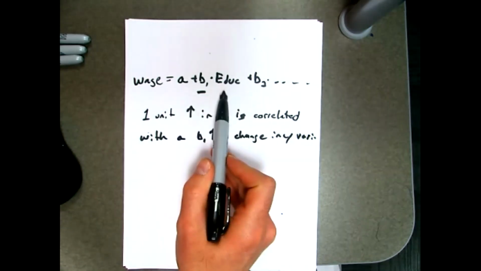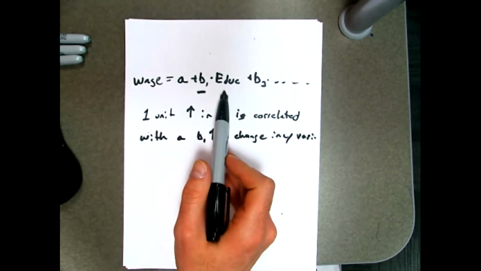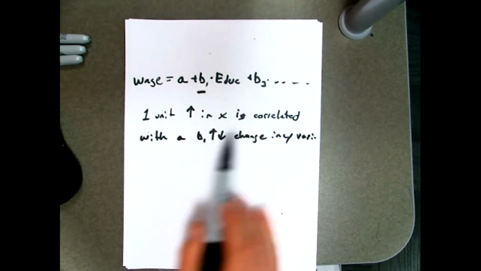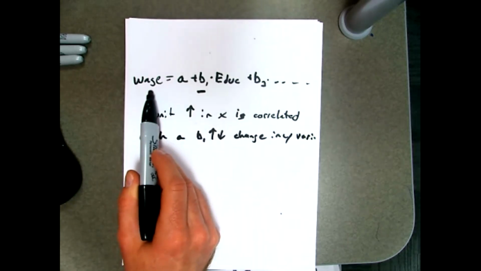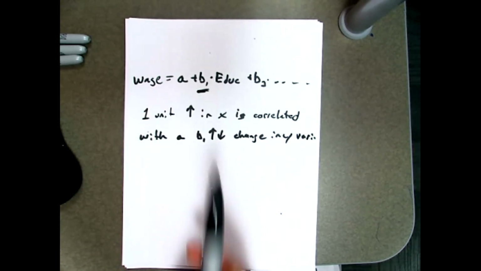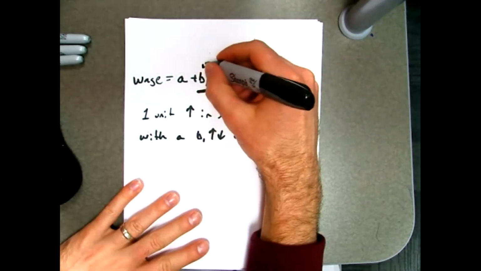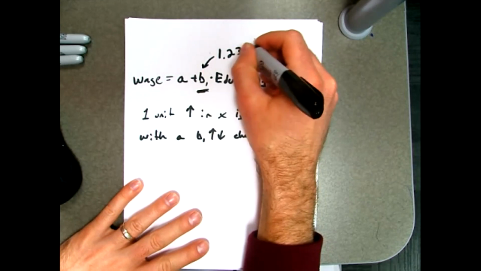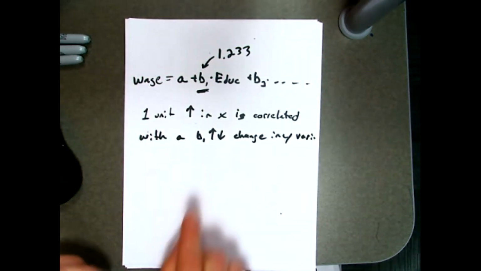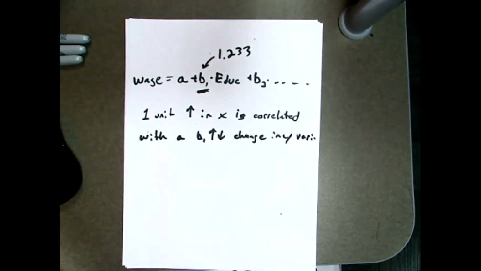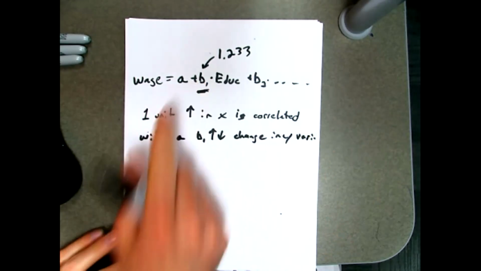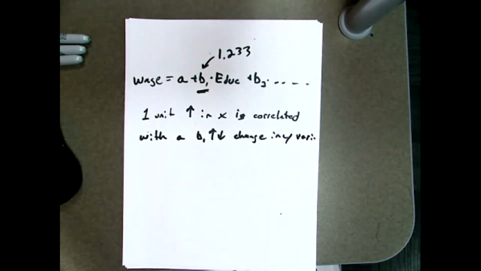So what would a 1 unit change be here? Well, 1 additional year of education is correlated with the predicted wage changing by whatever value we get from that regression. If I remember right, and we'll look at it here in a second, I think it's 1.233. So for each additional year of education, that would be correlated with a $1.23 increase in the hourly wage.